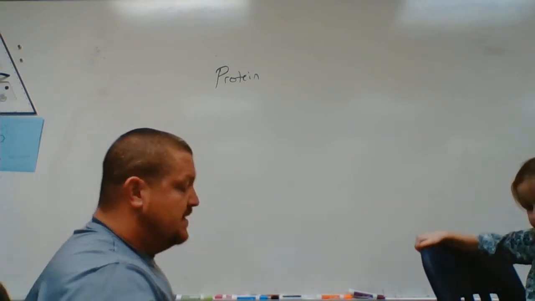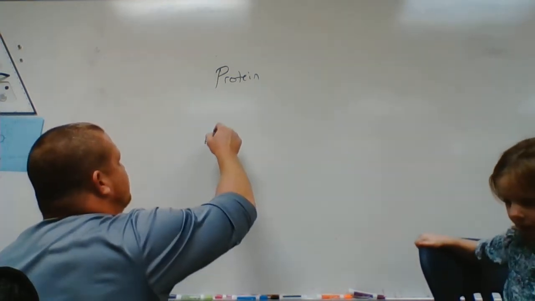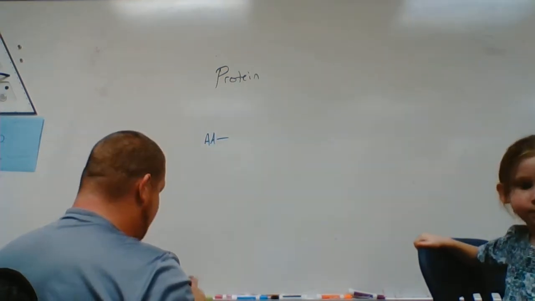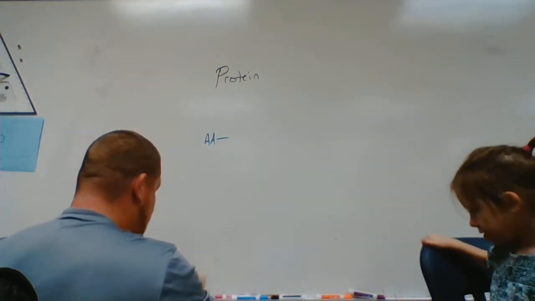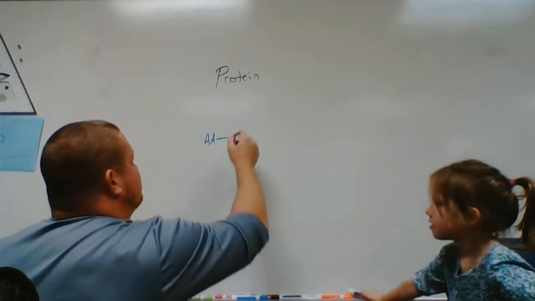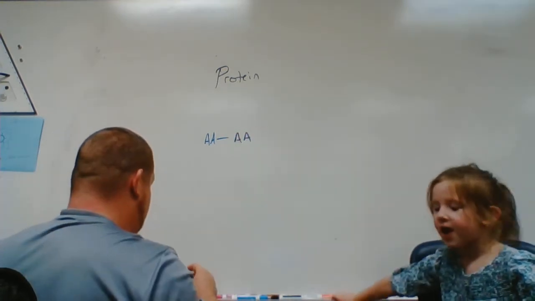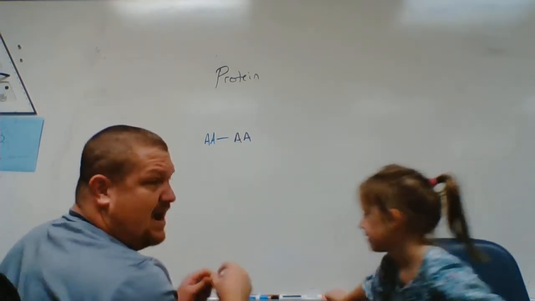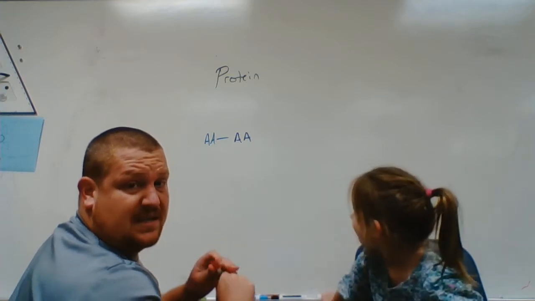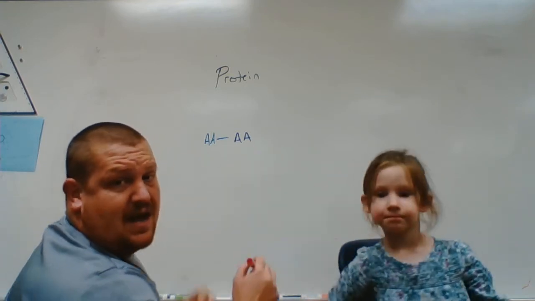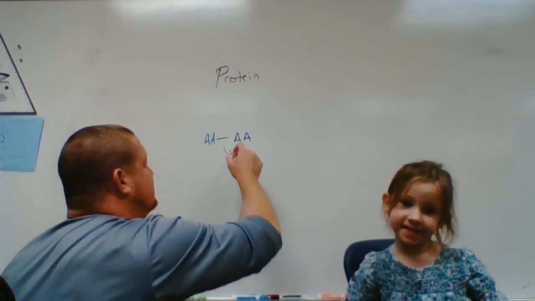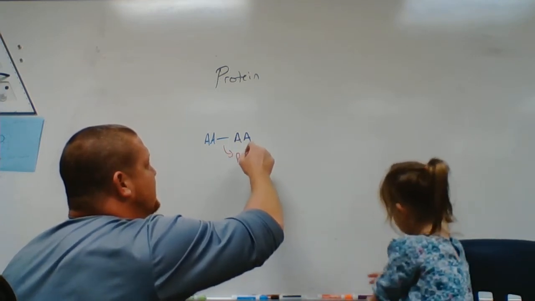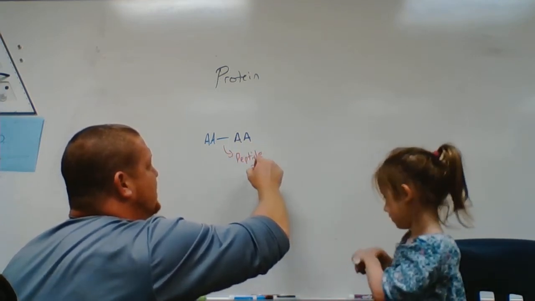Anyway, so we have an amino acid. We bond it to another amino acid. The bond that we use to bond the two amino acids together is AA, amino acid, not Alcoholics Anonymous amino acid. We join two amino acids with a peptide bond.